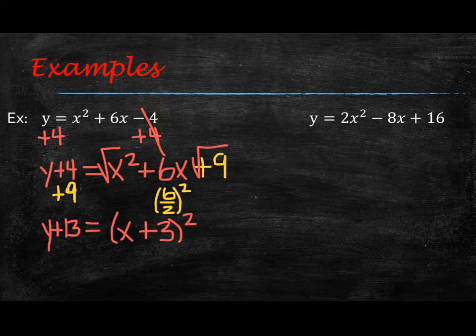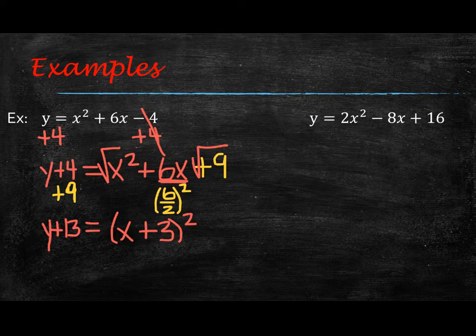So if you followed your steps correctly, then it is a perfect square trinomial. You can check it. x times 3 is 3x, and double that gives you that middle term. And so again, that's how you check to make sure it's a perfect square trinomial. But you won't have to do that because the whole point of completing the square is to get it to be a perfect square trinomial.